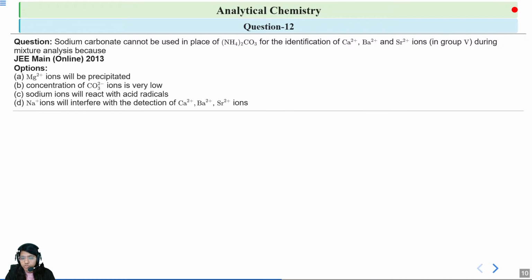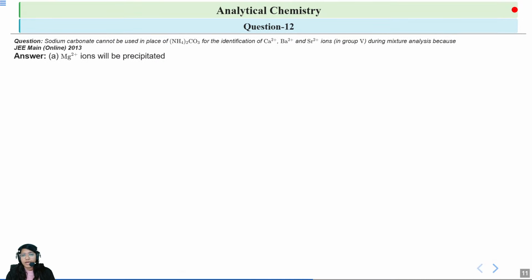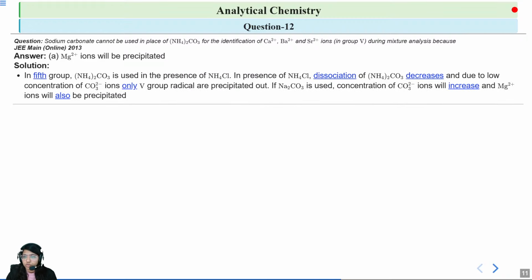Let's move toward the solution. The correct answer is option A. Mg2+ ions will be precipitated. So this is the reason why sodium carbonate cannot be used in place of ammonium carbonate. In the fifth group, ammonium carbonate is used with ammonium chloride. The ammonium chloride lowers the concentration of carbonate ions, CO3 2- ions, which prevents Mg2+ from precipitating.